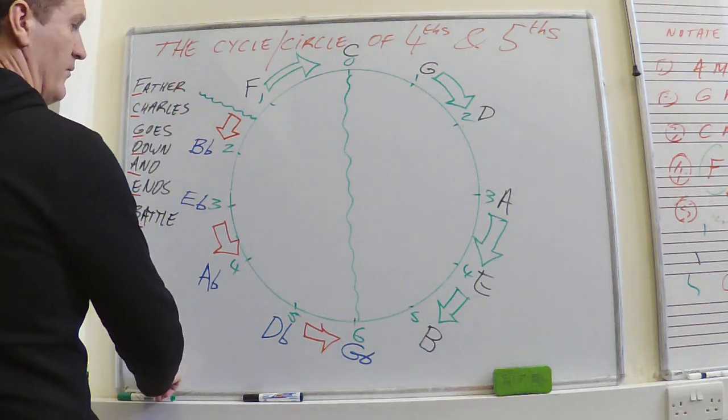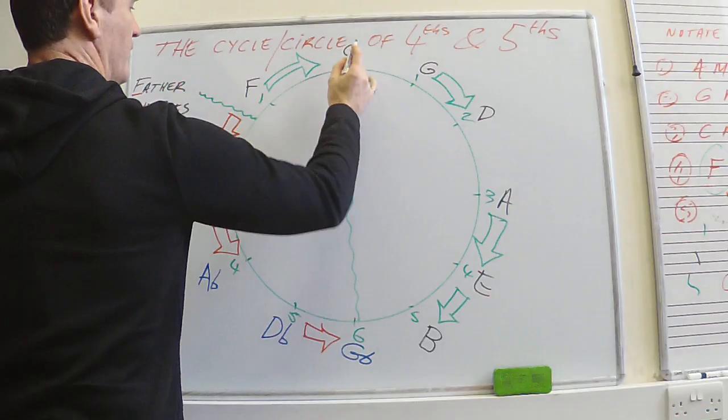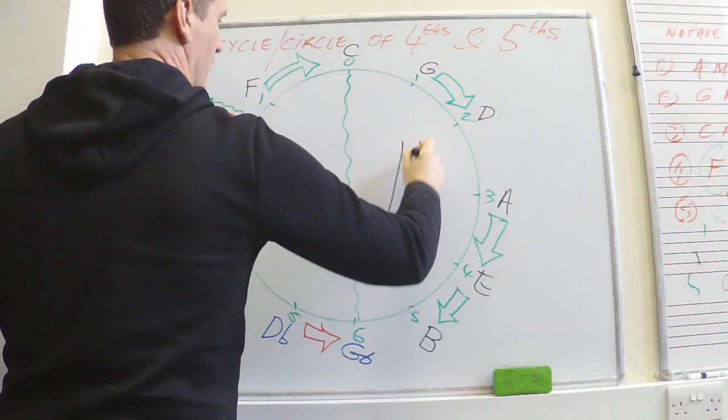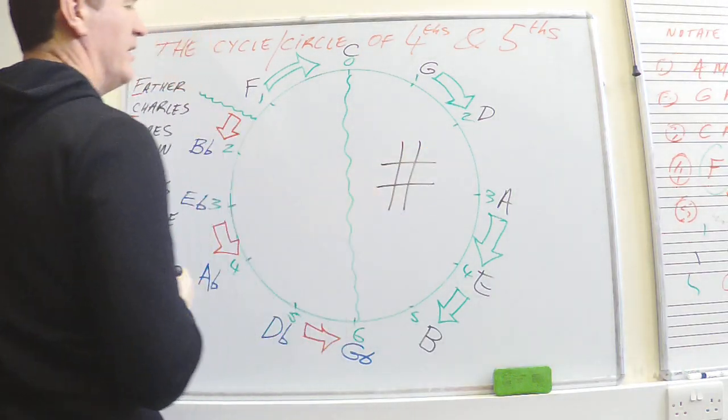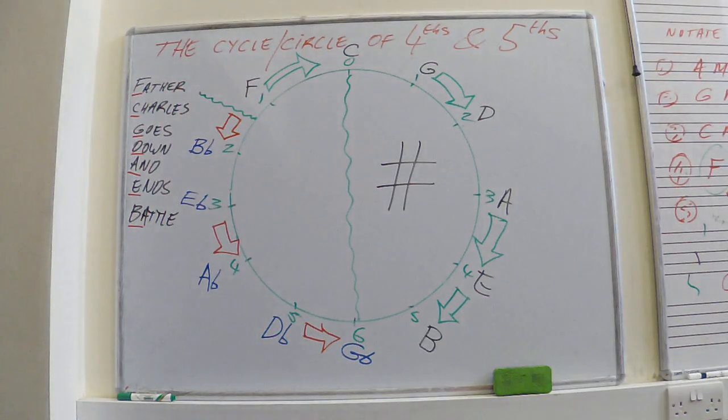Okay, it's important to realize that everything on the right hand side of the clock, everything except C, has a number of sharps in its key. What I mean by, when you go 1, 2, 3, 4, 5, 6, 7, 8, that's the major scale. But some of those notes are going to have a sharp or a flat symbol.